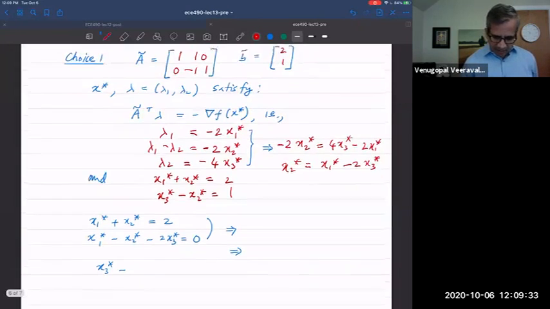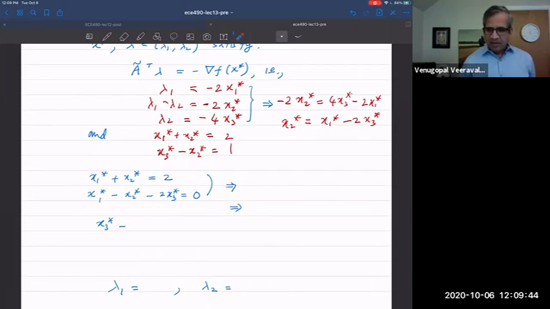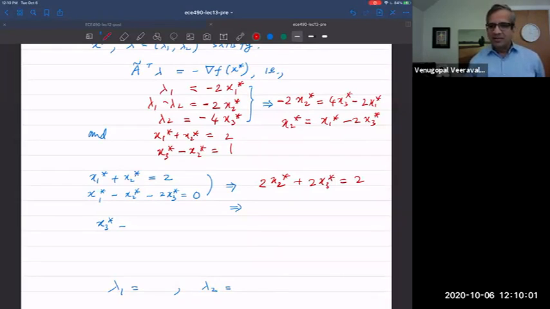And then we can plug that in here. We have x1 star plus x2 star equal to 2, from this equation. Combine them, and you conclude that 2x2 star plus 2x3 star equals 2. And that implies that x2 star is 1 minus x3 star.